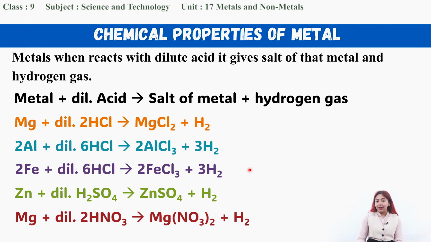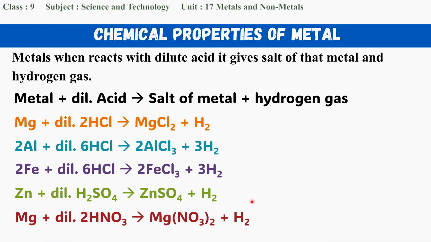And the final example here is magnesium. When it reacts with dilute acids such as nitric acid, it gives us magnesium nitrate, Mg(NO3)2. The valency of nitrate NO3 is 1, magnesium 2. After valency exchange, it forms the salt and with the liberation of hydrogen gas. So this is another important chemical property of metal.